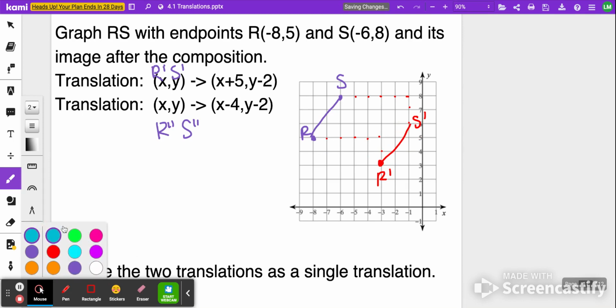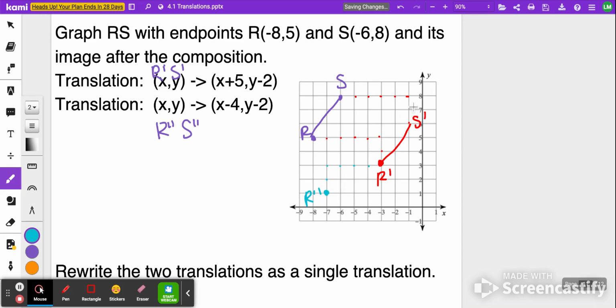Then it says now I need to translate again. So when I translate again, this will be the R double prime, S double prime. x minus 4 means to the left 4: 1, 2, 3, 4, and y minus 2 is down 2. So our R double prime is now at (-7, 1).